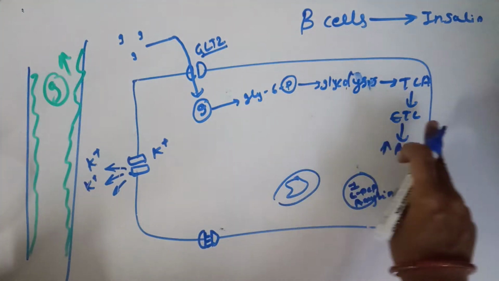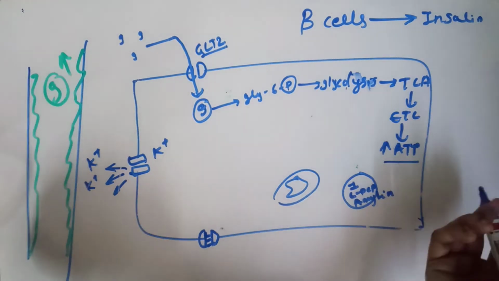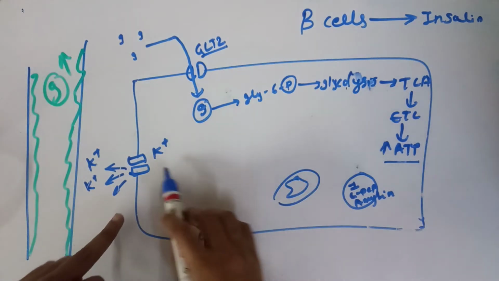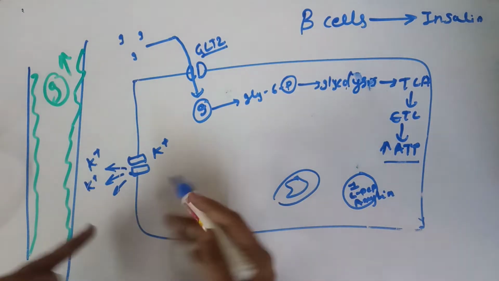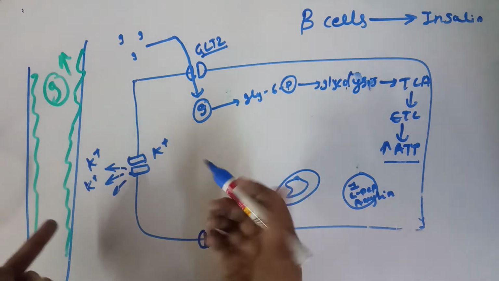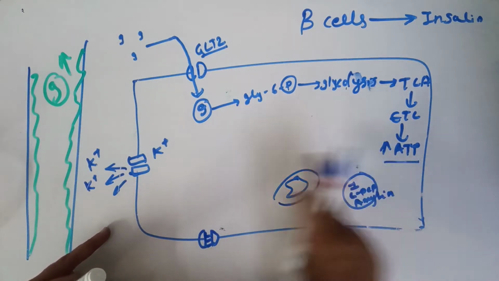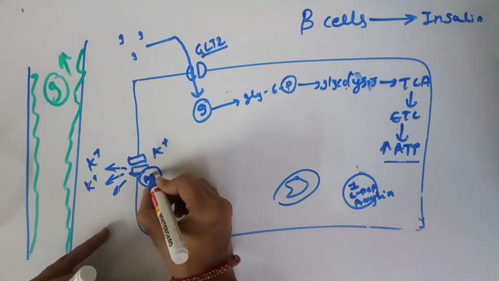So what is the significance of this step? What is the significance of the production of ATP? This potassium channel always remains open. When there is high production of ATP, this ATP comes and binds to this potassium channel.